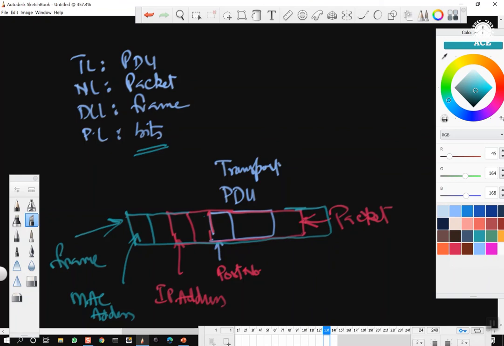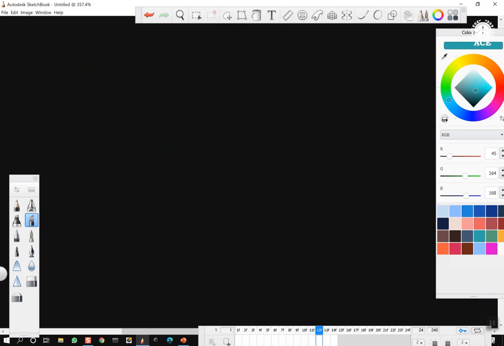Essentially, this is the issue of the network layer. This is a brief review with regard to the network layer. Summarizing, the important functions or roles of the network layer are, first, services provided to the transport layer.